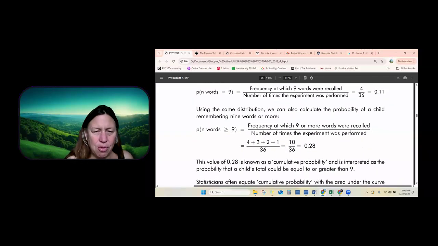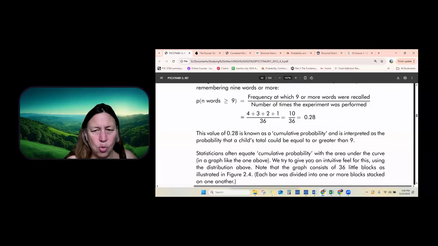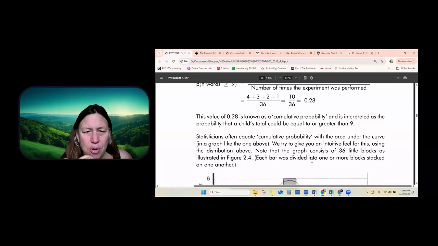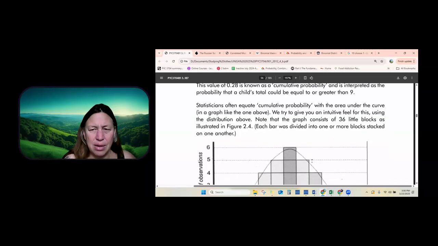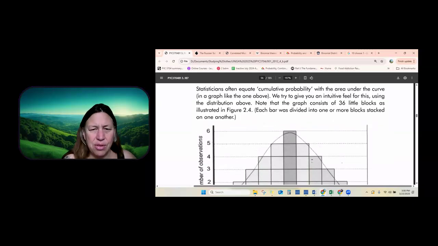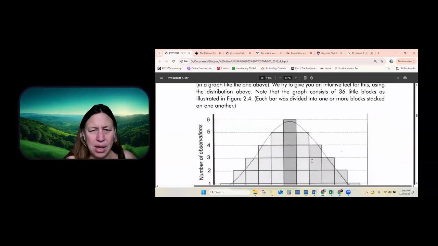Oh, my math is wrong. 4 plus 3 plus 2 plus 1 is 10, which is a 28% chance of remembering 9 or more. And that is the cumulative probability, the probability that a child's total could be equal to or greater than 9.